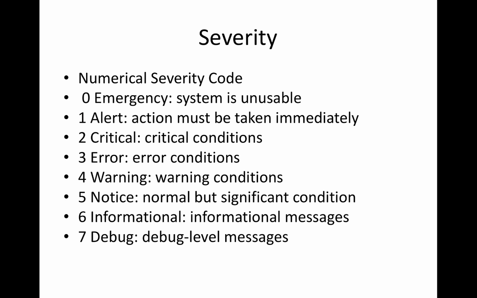The next one is the severity codes, which range from 0 to 7. So like the kernel dying would probably be a 0 level alarm, right? All the way alert, critical, error, warning, notice, informational, and debugging. So usually we don't really care about debug messages.